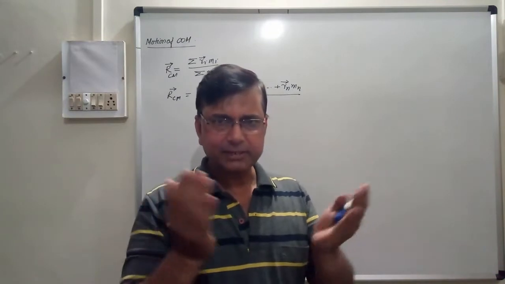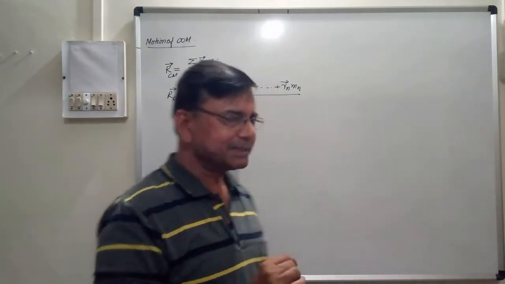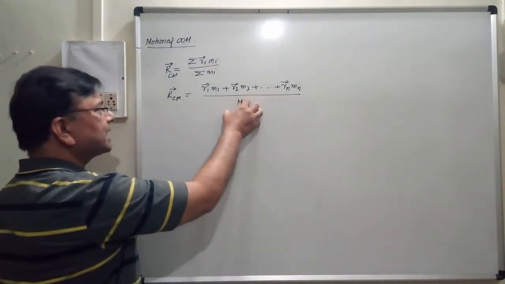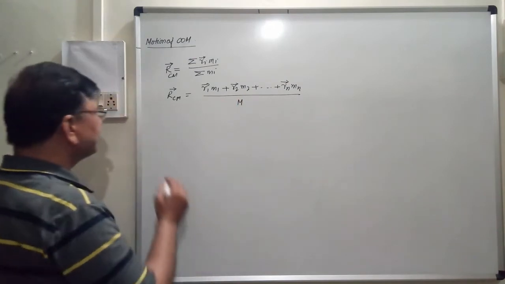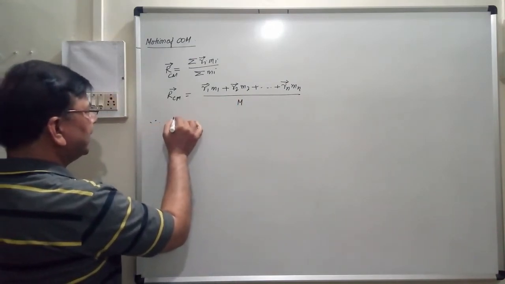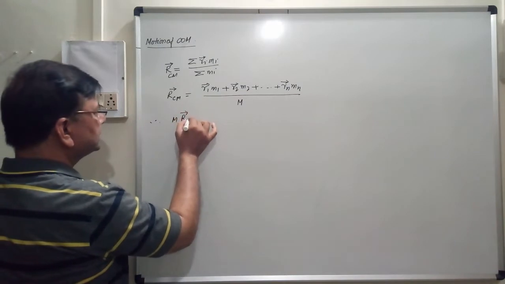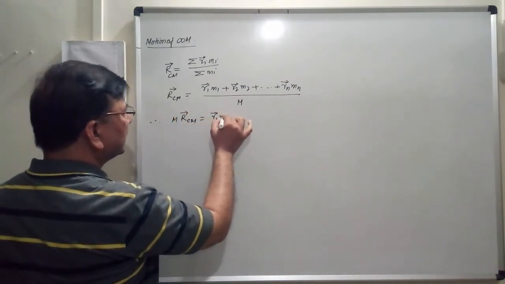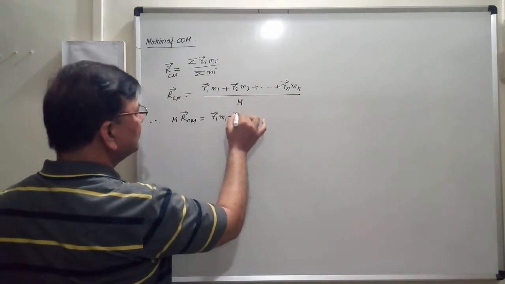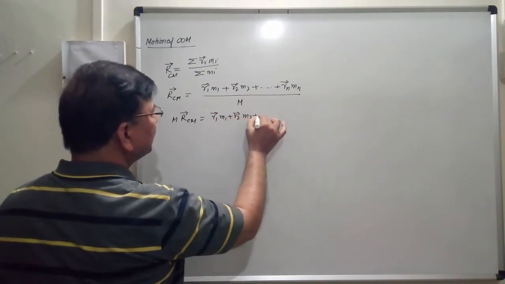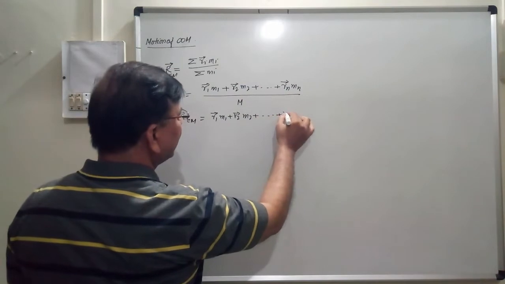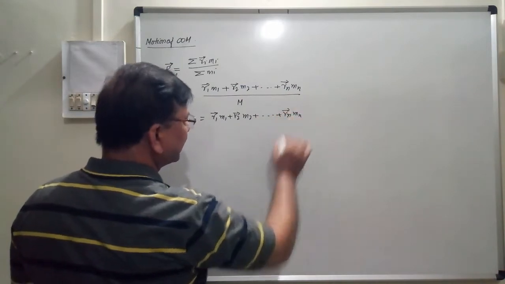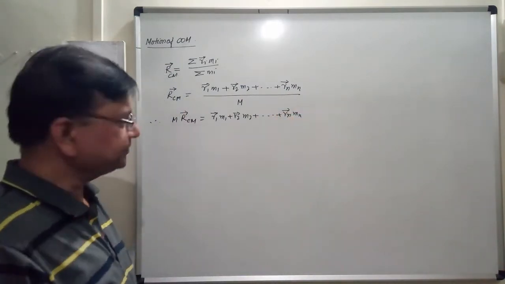In a system of particles, there are n number of masses and total mass is M. Now, this can further be written as M R center of mass equal to R1 M1 plus R2 M2 plus like this, that is Rn Mn, the nth mass.